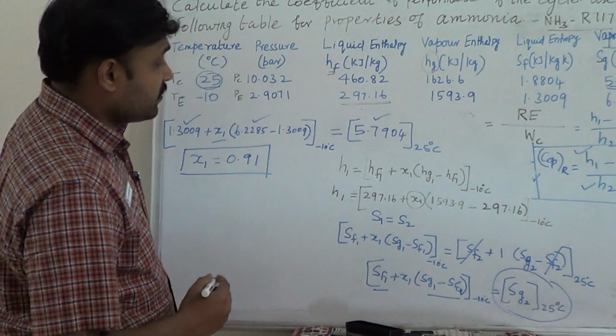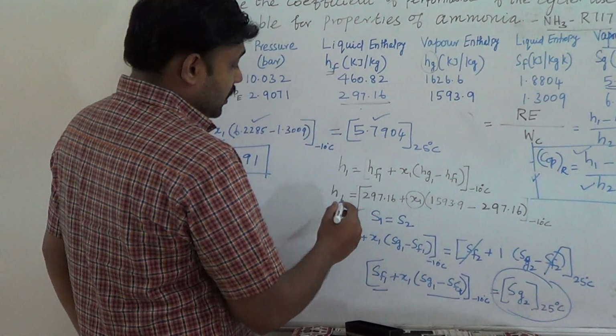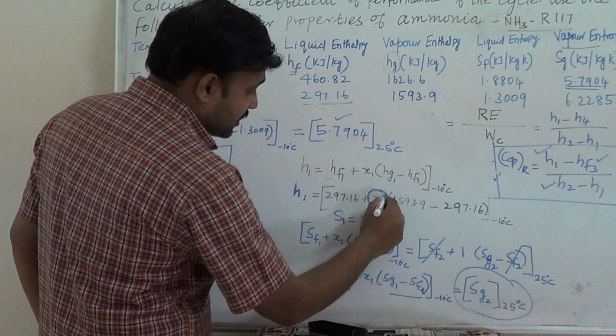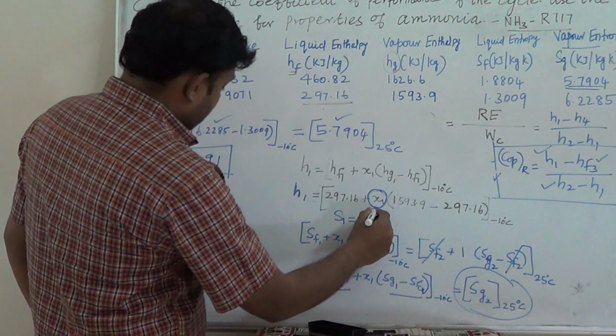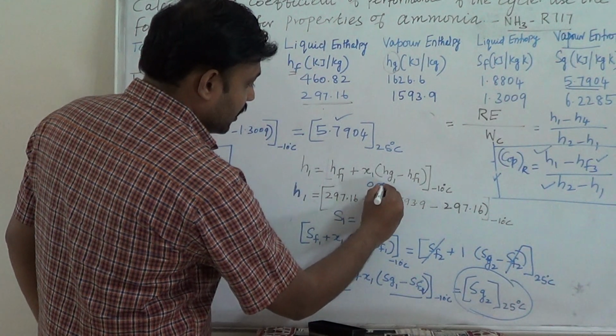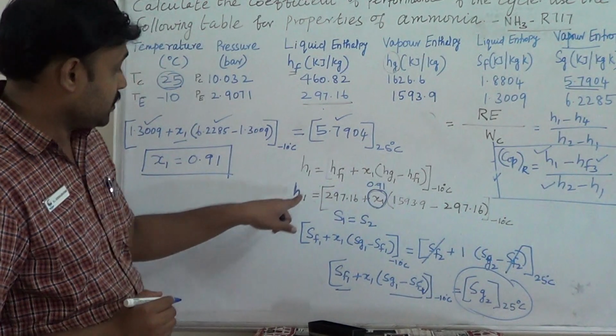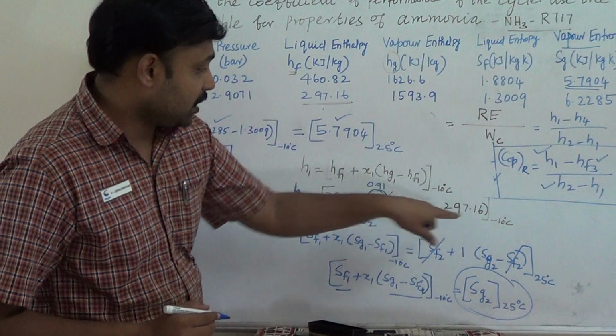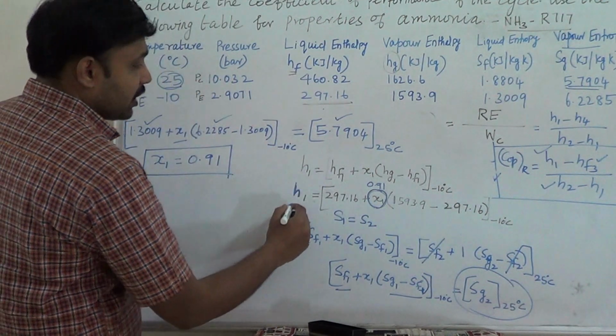Now the next step is we need to calculate the enthalpy H1. If you look at it, the only unknown parameter is x1, which we have calculated as 0.91. So we can easily substitute the value of this quality of the refrigerant in the enthalpy equation, and we can easily find out the value of enthalpy.